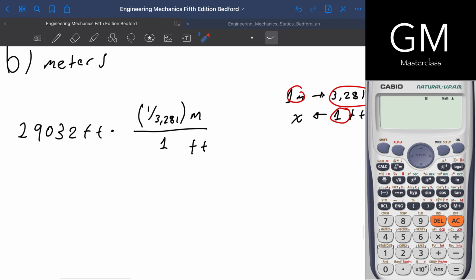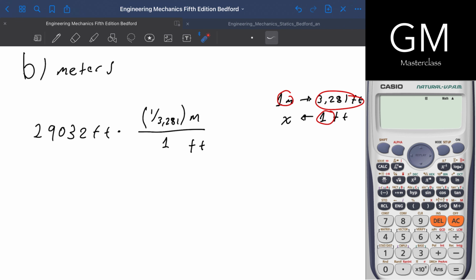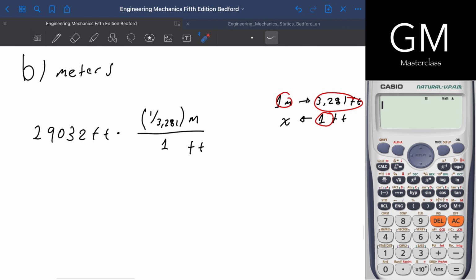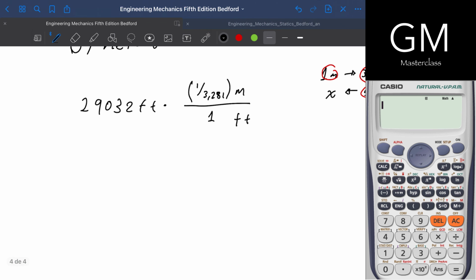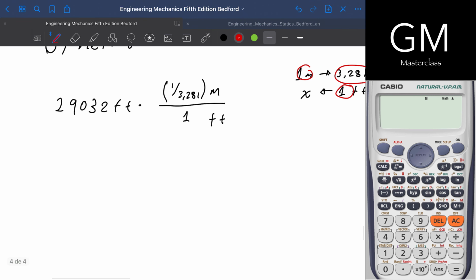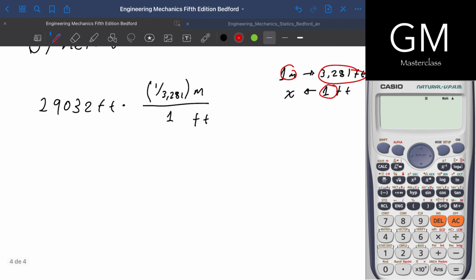But I do it this way because this is the most reliable way for me to understand it and to not get confused and maybe make a mistake later. So I can see what I'm canceling, in this case feet, and I can see what unit I am getting.